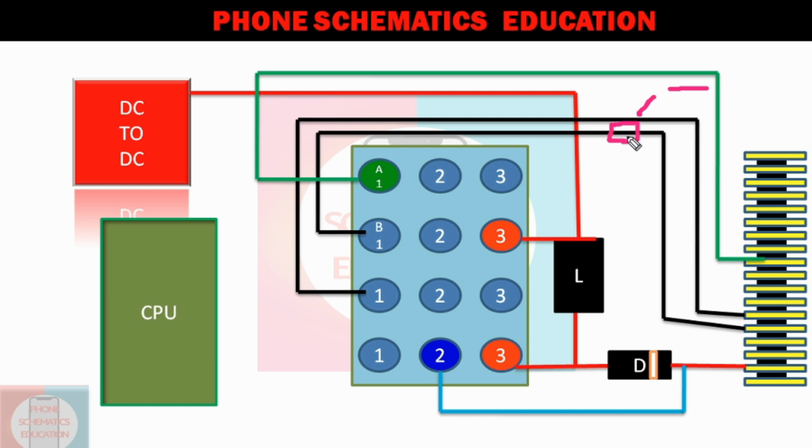Sometimes this resistance is missing when you open the shield, or if a phone comes to you and somebody was already working on it and removed the shield or steel cover on it, and somehow this component is missing, not connected, or loose at both ends. Then this line has a problem.